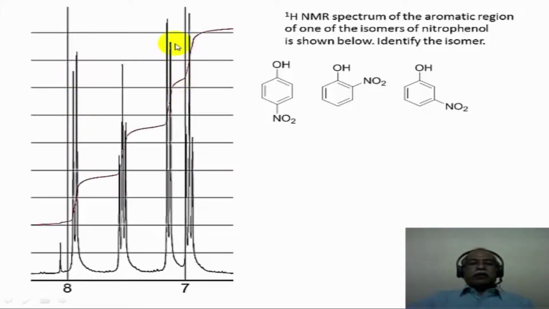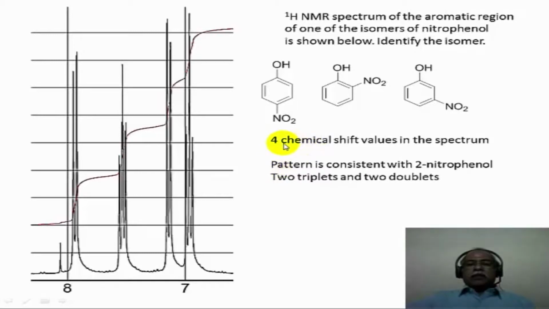If one were to measure the coupling constant here, this would be roughly 7 to 8 hertz or so. So that corresponds to 2 doublets with ortho coupling, and 2 triplets are also with ortho coupling. So now if you look at the spectrum, the 4 chemical shift value is satisfied by both these compounds, but the pattern is consistent only with 2-nitrophenol of 2 triplets and 2 doublets.